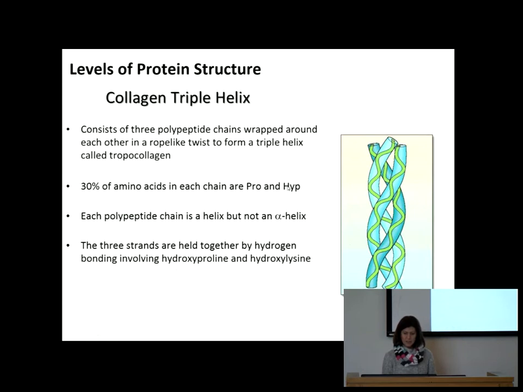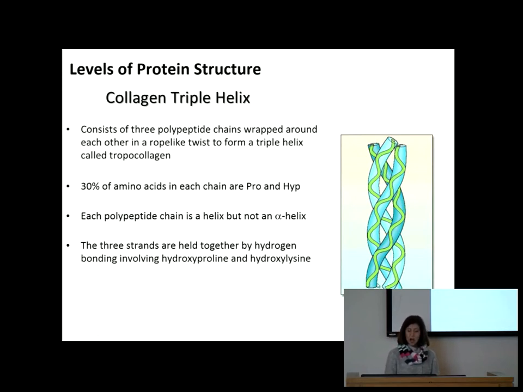Remember, hydroxyproline has an extra OH, and hydroxylysine, those will attract water. So that's why people get collagen injections. Is that what they put in lips, so that they have these enormous lips? Because it attracts water, so it makes them nice and plump. That's not a good look, in my book.